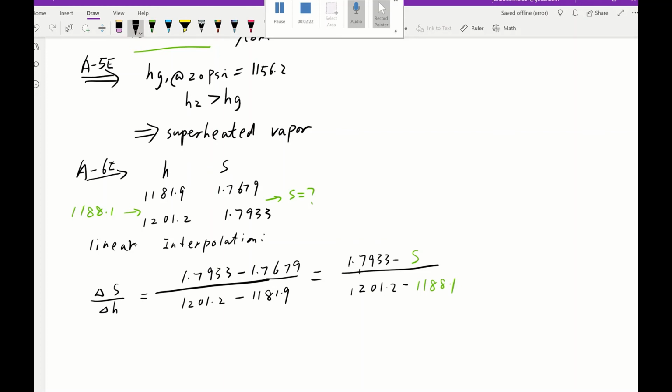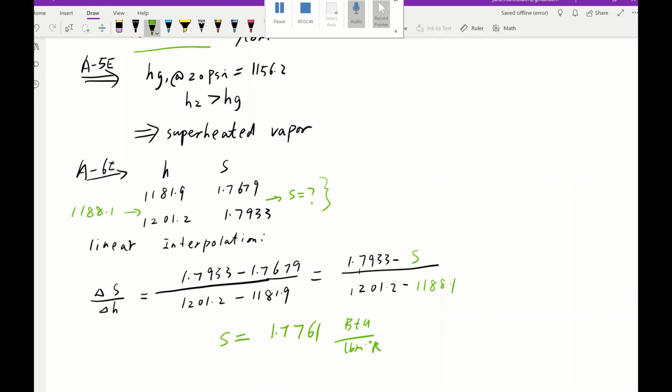And when we solve that, we get our S value. So here I will just look at the answer. It's 1.7761, which is in between those two values, right? Okay. And that gives us BTU per pound mass Rankine.